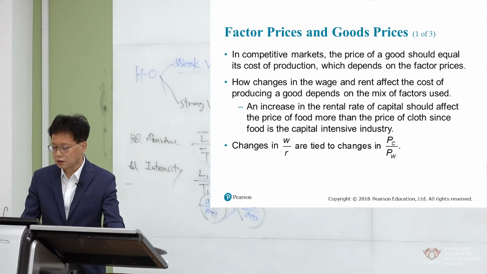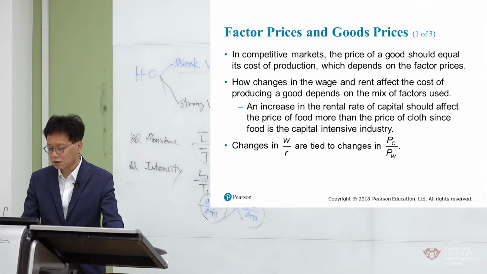How changes in the wage and rent affect the cost of producing a good depends on the mix of factors used. An increase in the rental rate of capital should affect the price of food more than the price of clothes, since food is a capital-intensive industry. So changes in W over R are closely tied to changes in P1 over P2.